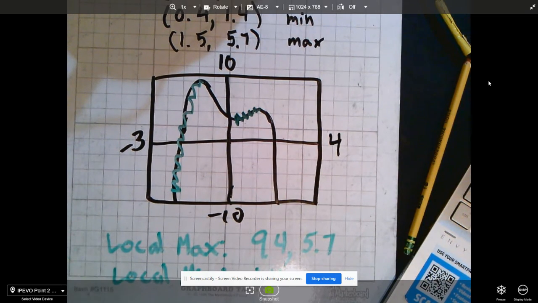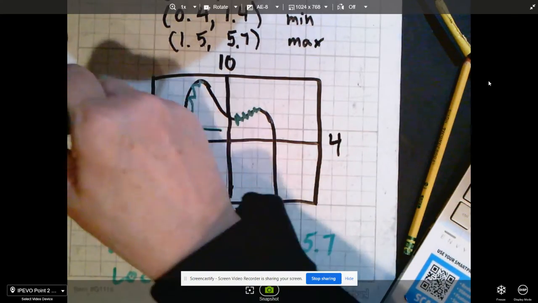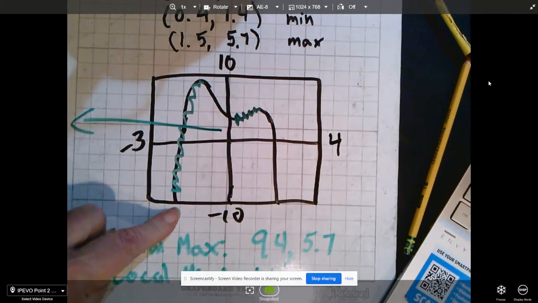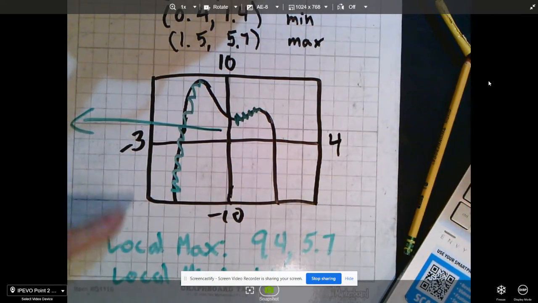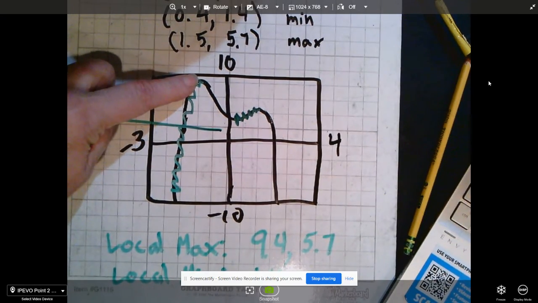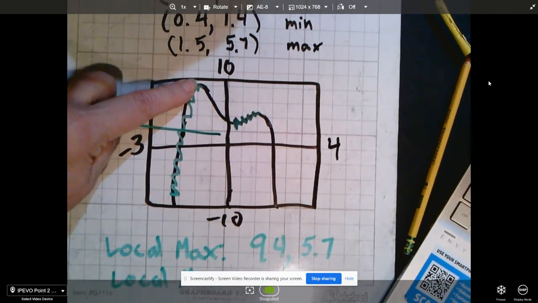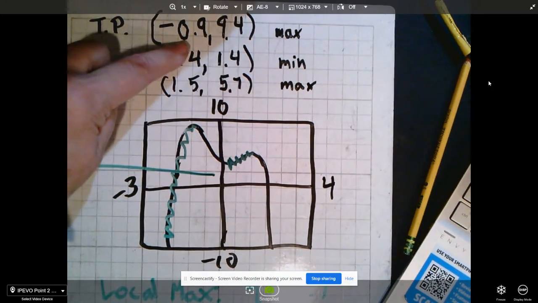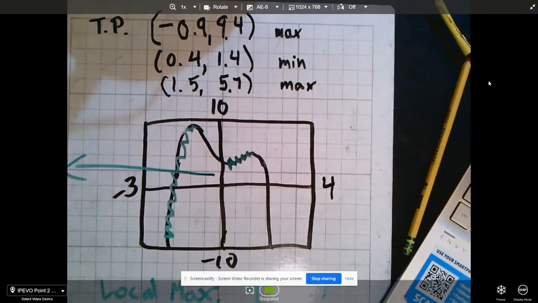But remember, your increasing intervals are X values. So what X value am I starting to increase from? Well, remember, this goes on and on and on forever. So I'm starting to increase at negative infinity. And where do I stop increasing? Well, I stop increasing at my first turning point, and the X value of my first turning point is -0.9.